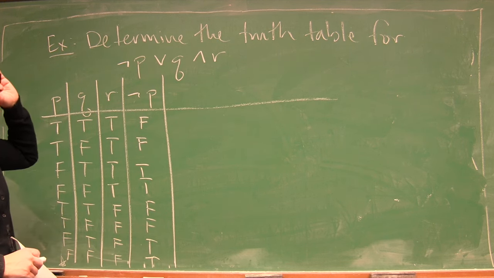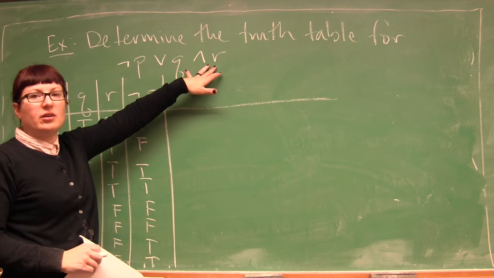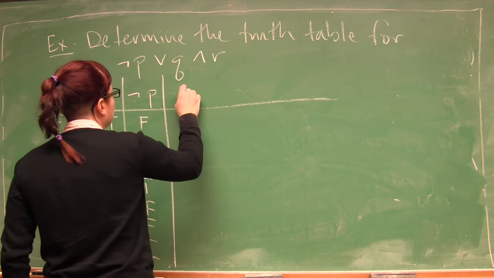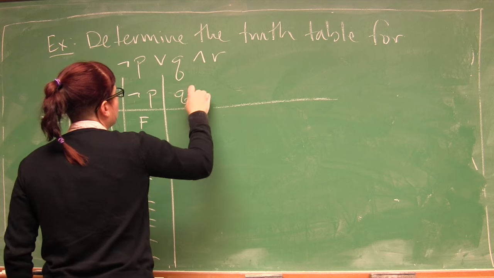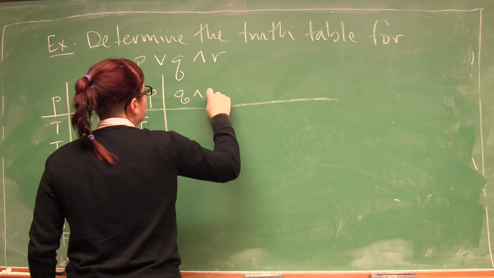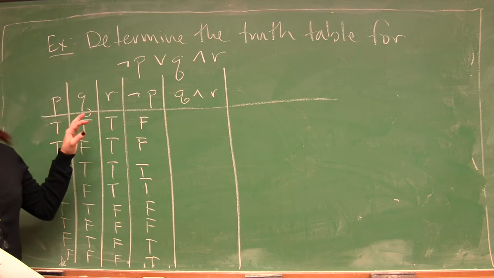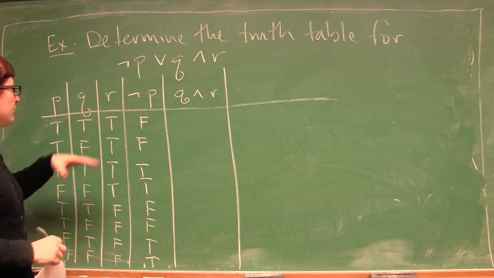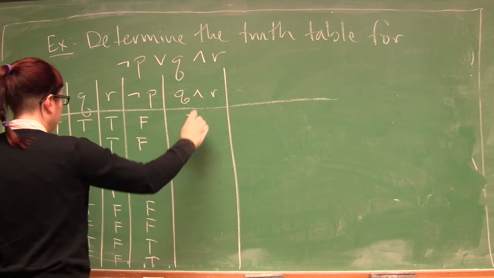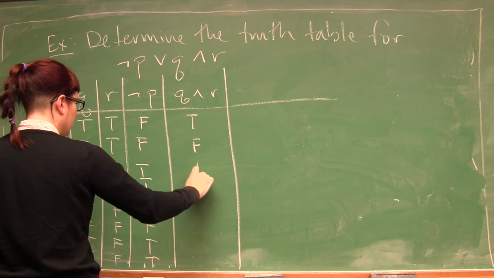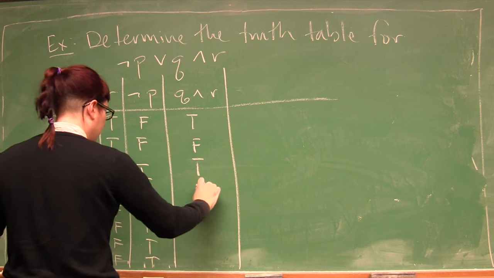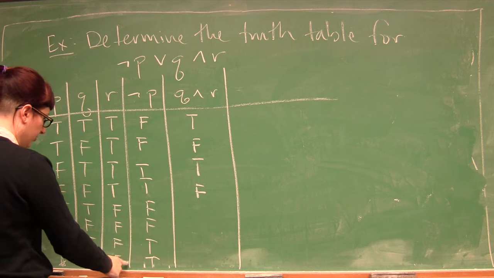And now, Q and R. We know Q and R is only true if both Q and R individually are true. So we get a true, false, true, false, false, false, false, false.